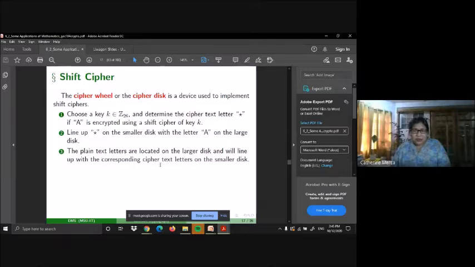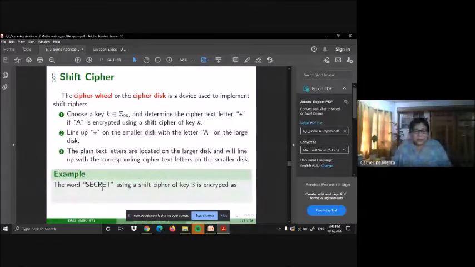This is how we will use your cipher wheel. The plaintext letters are located on the larger disk and line up with the corresponding ciphertext letters. For example, the word SECRET using a shift cipher of key 3 is encrypted as VHFUHW. So if you encrypt the word secret, that is the result.